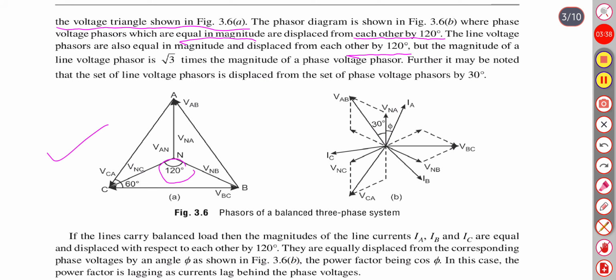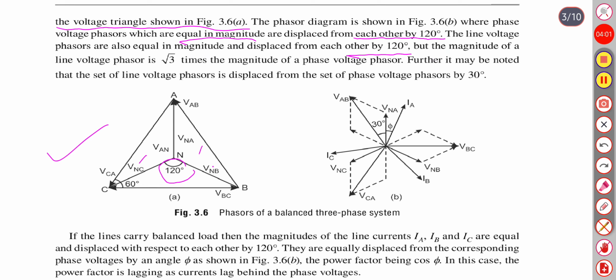In a balanced system, the voltages VAB, VBC and VCA should be equal. If the system is star connected, then the voltages VAN, VBN and VCN should be equal.